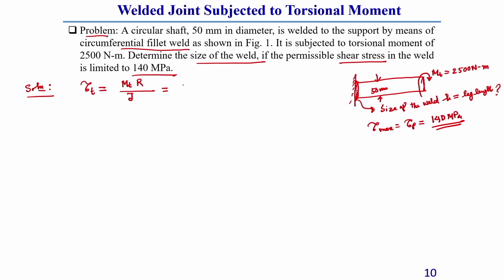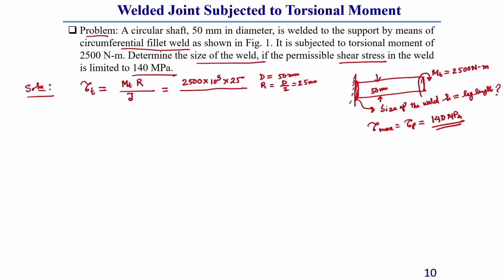Here MT is given as 2500 Newton meter, which I am converting into Newton millimeter, so I am multiplying by 10 to the power 3. The diameter of the shaft is given as 50 millimeter, so the radius will be diameter by 2, that means 25 millimeter. This 25 millimeter I have written here.